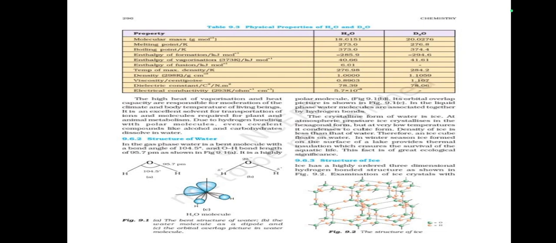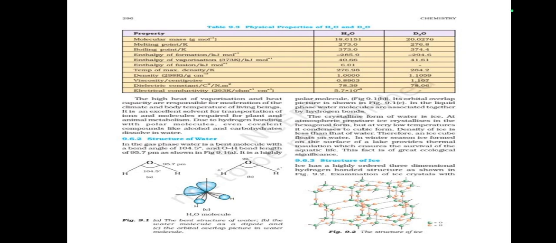It is an excellent solvent for transportation of ions and molecules required for plant and animal metabolism. Due to hydrogen bonding with polar molecules, even covalent compounds like alcohol and carbohydrates dissolve in water.